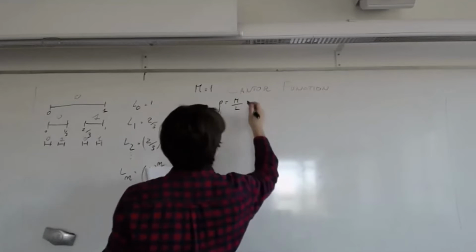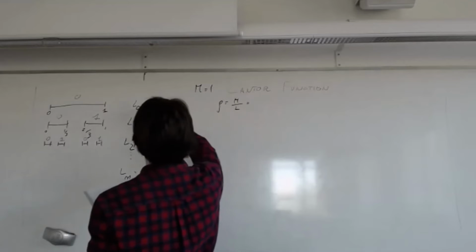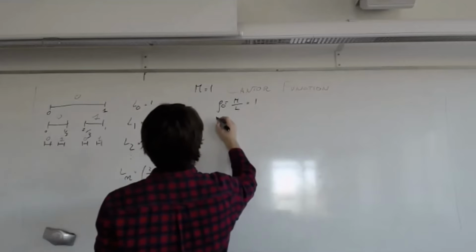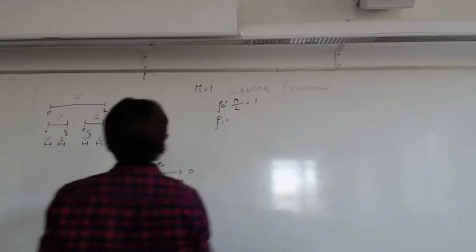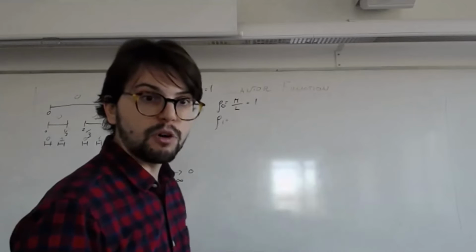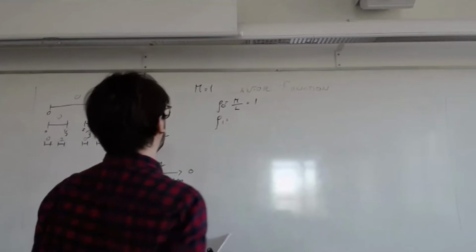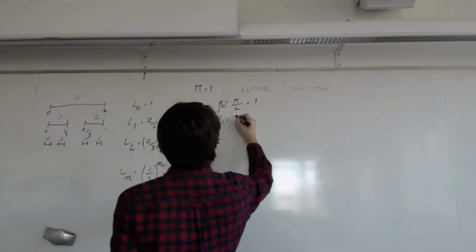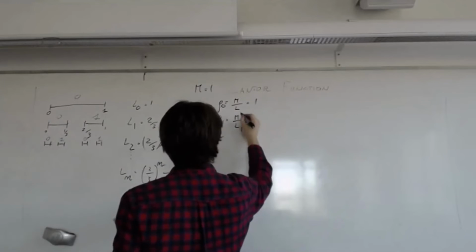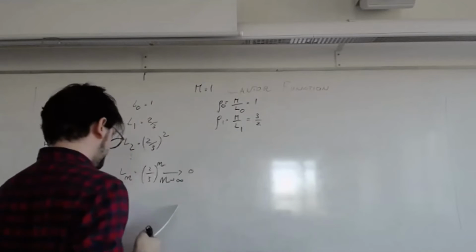The mass is 1, the length is 1, so rho 0 is 1. At the next iteration, I put the same one quantum of mass on this interval that now has length 2/3, so again mass divided by length, and this is 3/2.